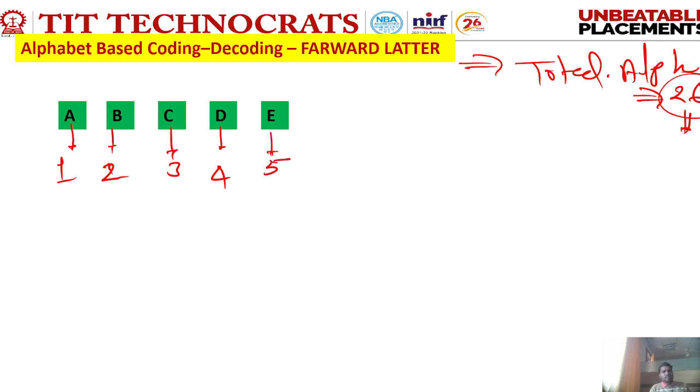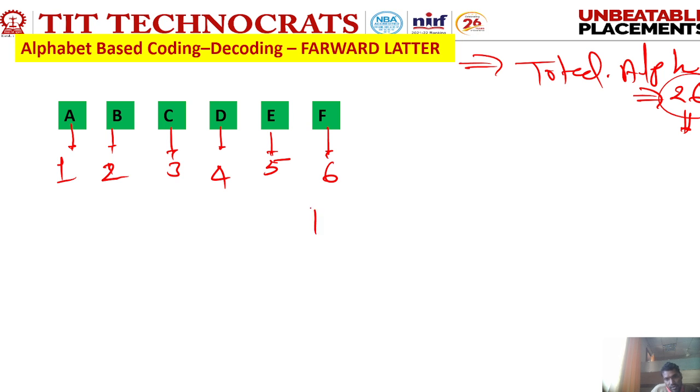Basically, you can remember A, B, C, D, E in only three to five seconds. But next is F. You should remember that F is number 6.